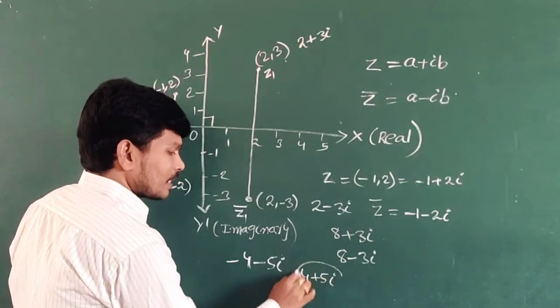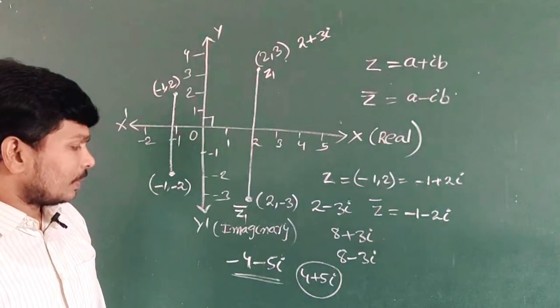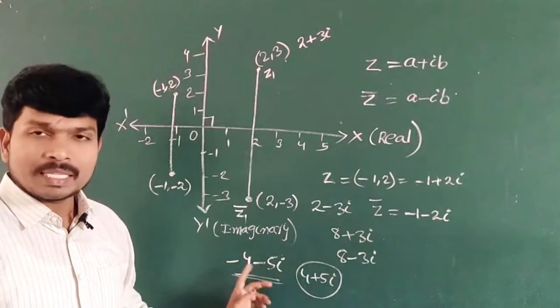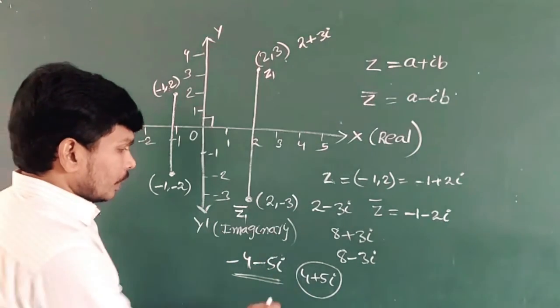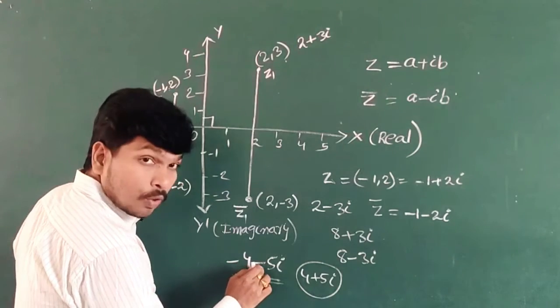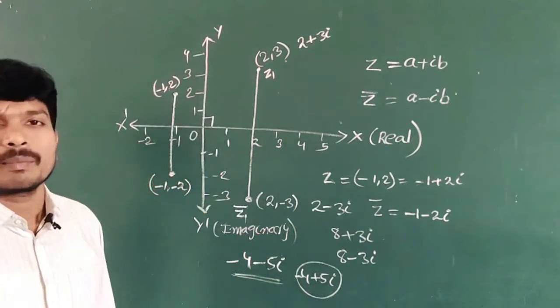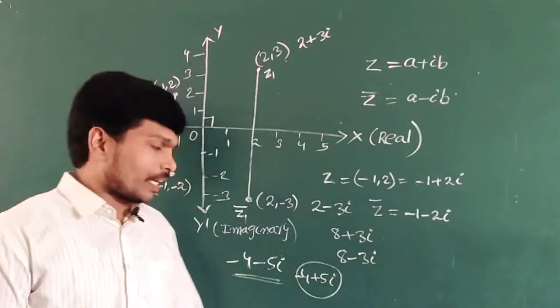Is it the conjugate of this? No. Because if you add, you get a real number, but if you multiply, you do not get a real number, you get an imaginary number. So the conjugate of minus 4 minus 5i is minus 4 plus 5i. Now if you add them and multiply them, definitely you will get a real number.